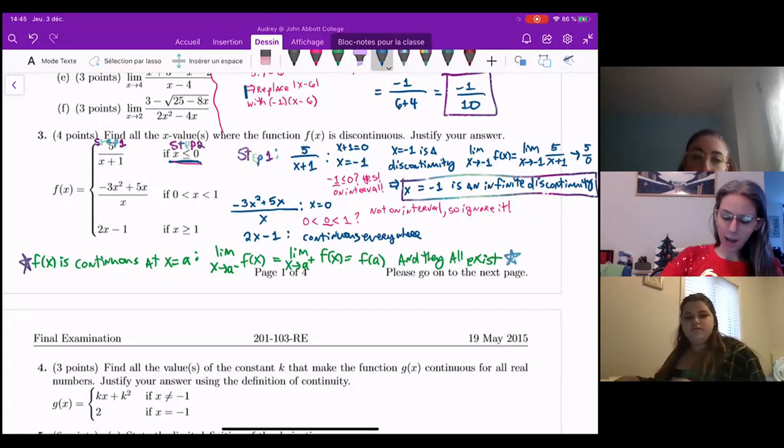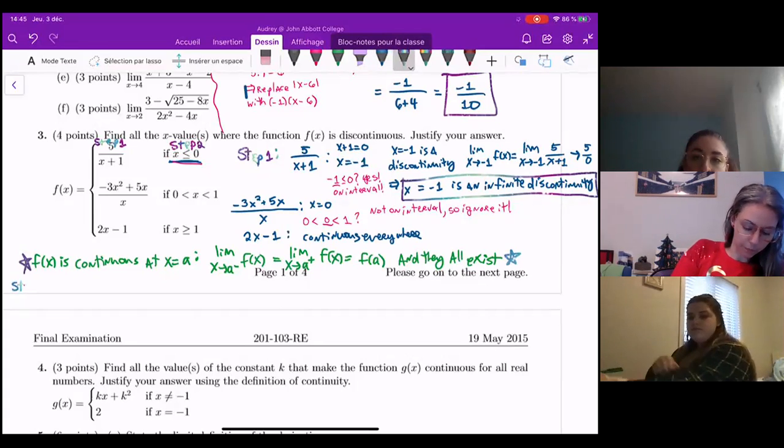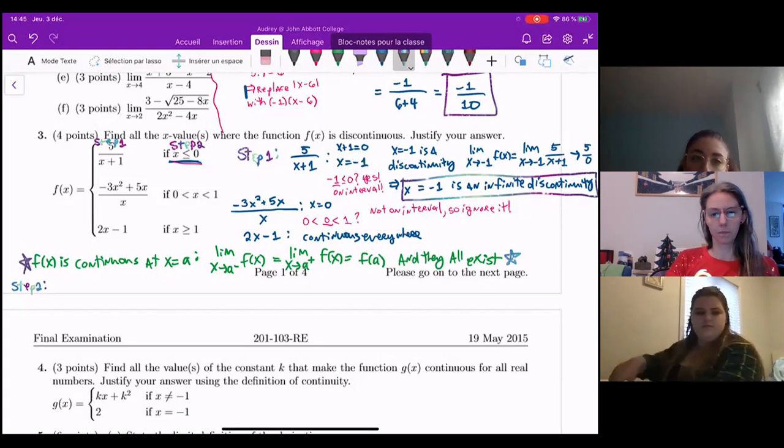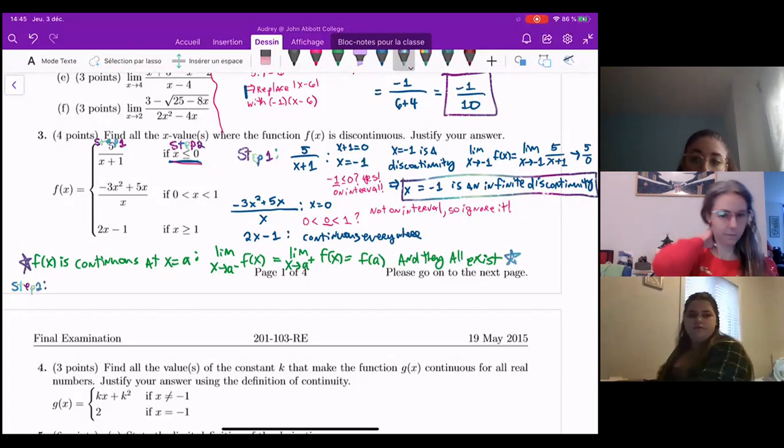No. Now I move on to step 2. What are my breakpoints here? You got it. I have 2 of them.